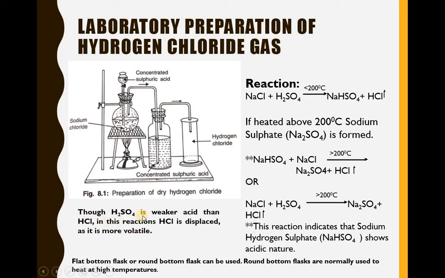Though sulfuric acid is weaker acid than HCl, in all these reactions, HCl is displaced as it is more volatile. Now in case of this reaction, you can take flat bottom flask as well as round bottom flask also, but round bottom flasks are normally used to heat at high temperatures.